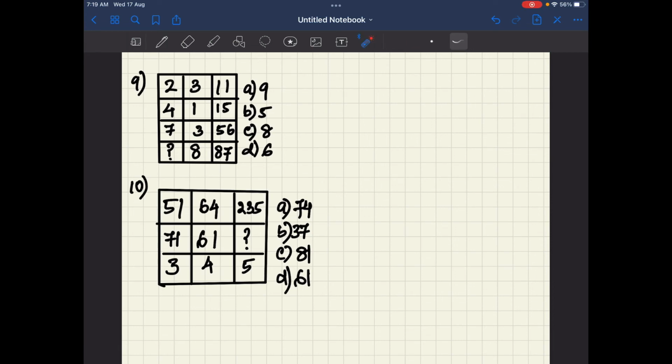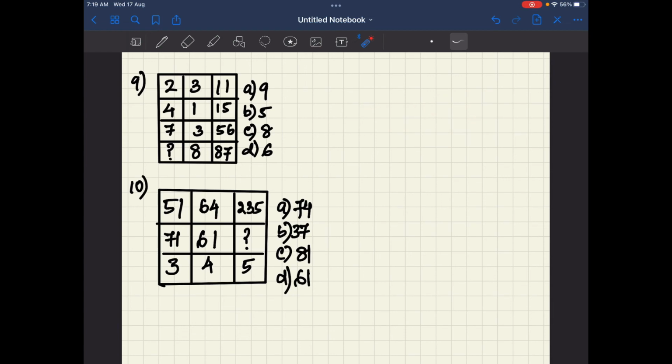Coming to the ninth question. 2, 3 and 11, 4, 1 and 5, 15, 7, 3 and 56. Now how will we get 11 from 2 and 3? 2 cube plus 3, it is 8 plus 3 is 11.